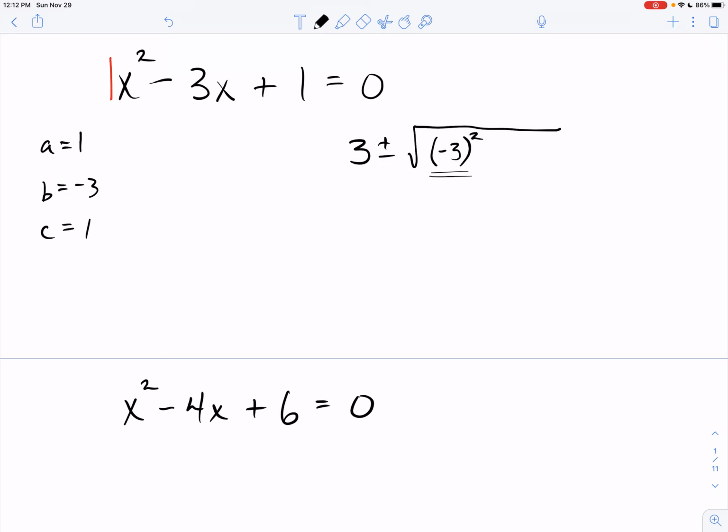So -3, or -b, plus or minus, b squared, minus 4 times a times c, all divided by 2 times a. So in this case, 2.